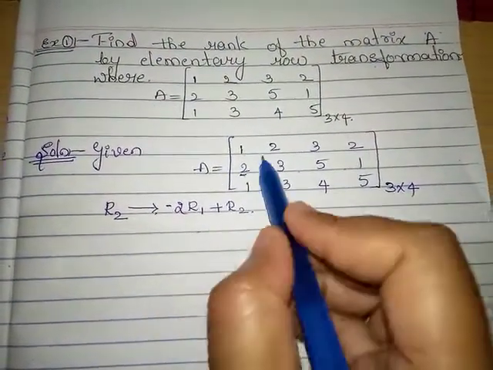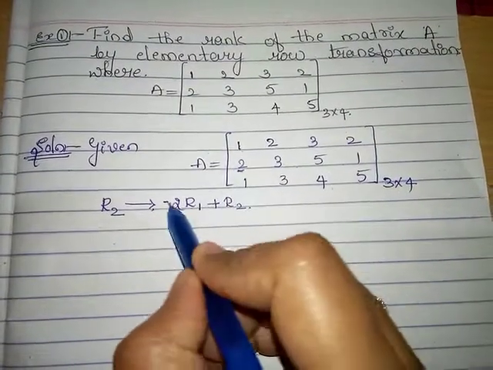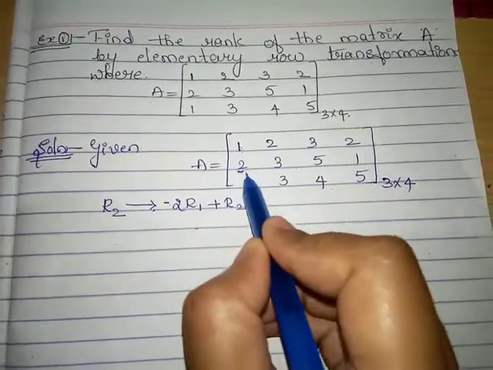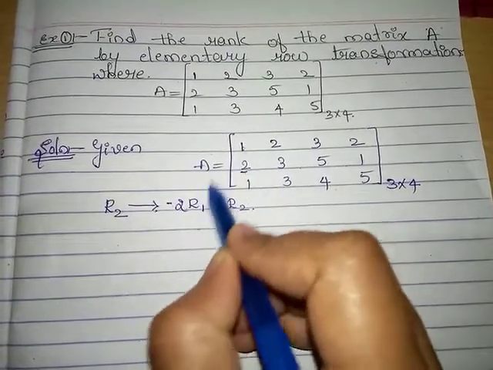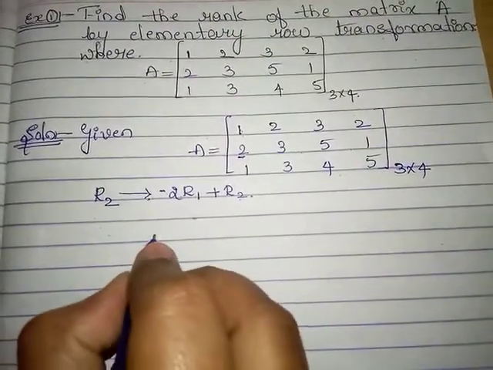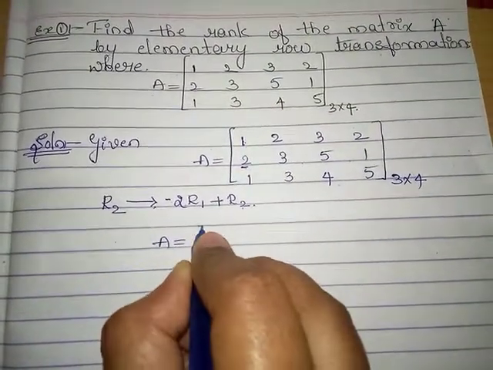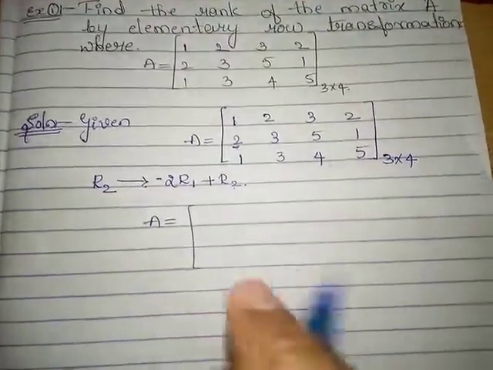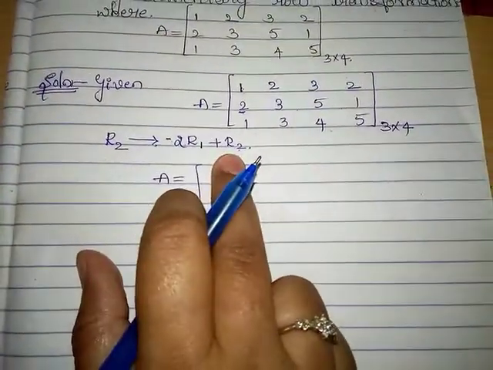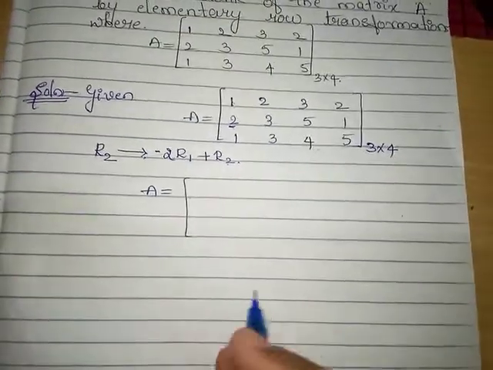When we multiply -2 with the first row, it will be -2 into 1 plus 2, which is -2 plus 2, and that will be 0. See what happened here. For matrix A, in the first example I will write everything for these transformations for your better understanding.